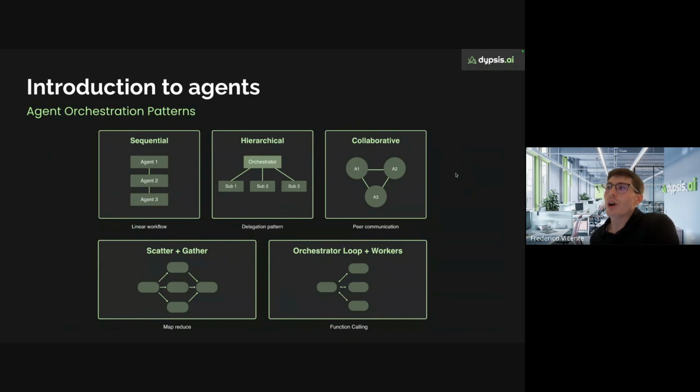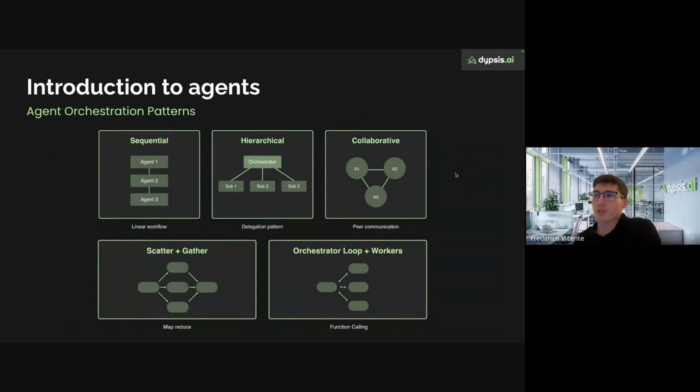You have also the hierarchical one, where you have an orchestrator, a main agent, and then you can parallelize and delegate some tasks to, for instance, subagent 1, 2, and 3. Then you have a collaborative environment where each agent is more or less independent, but they collaborate with other agents to solve a certain task.